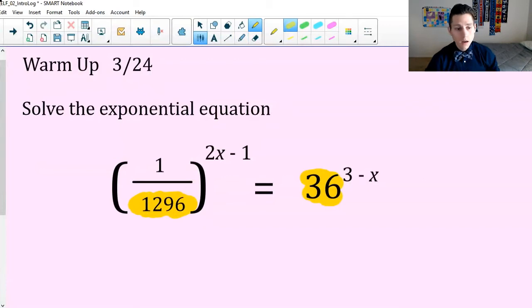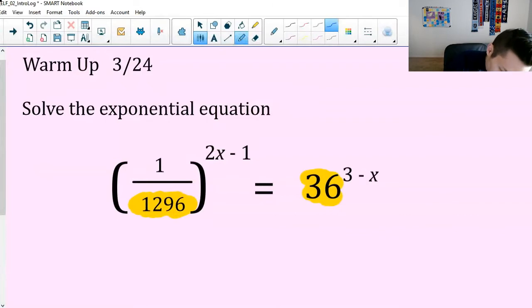Let's first focus on 1,296. Now, I don't know about you guys, I don't know a lot of information off the top of my head about the number 1,296. It's not a number where I think, oh, I know these powers make this, or these are the factors of 1,296. But when I look at 36, I do know some stuff about 36.